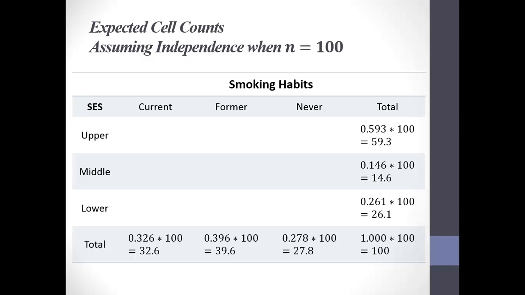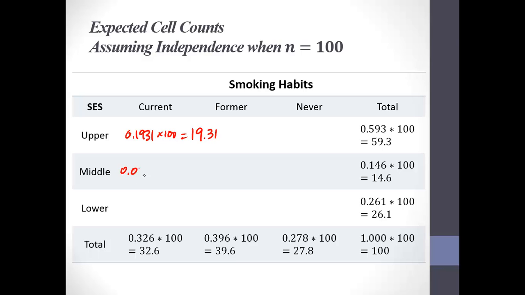So out of 100 people, that's going to be 32.6 people. And we could do the same thing for all of these things. Up here we had 0.1931 times 100. That would be 19.31. Just going through this first row again real quick.